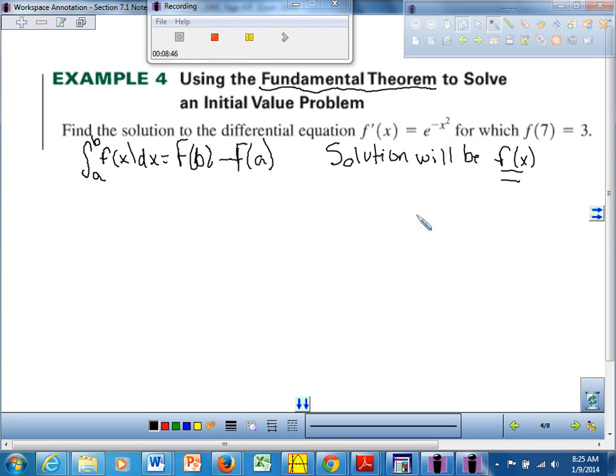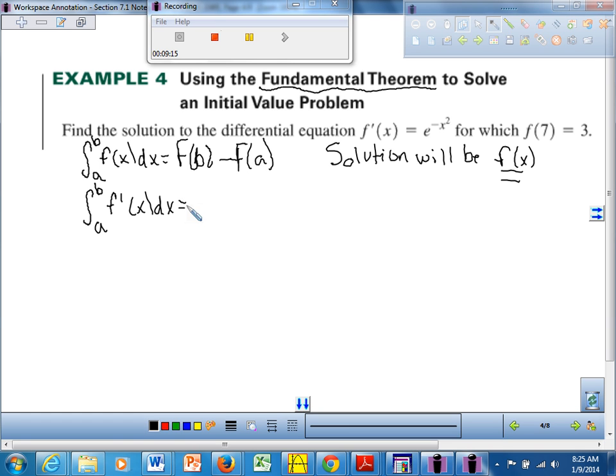Well, if that's the case, that means they want me to use this fundamental theorem, and I want to have an f of x in it. And I'm starting with an f prime. So I'm going to rewrite my fundamental theorem from a to b. I'm not starting with f of x, I'm starting with f prime. So I'm going to write it that way: the integral of f prime of x dx.